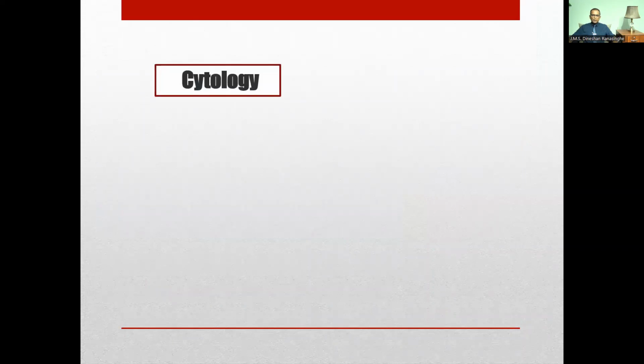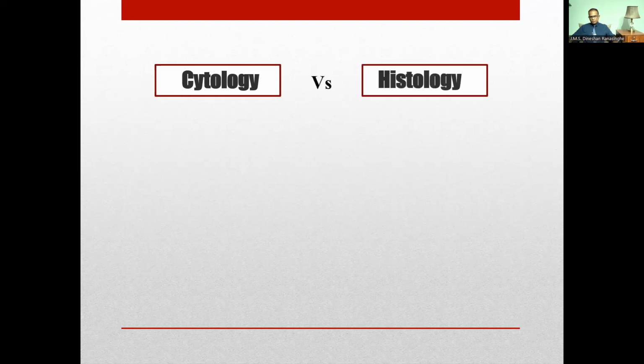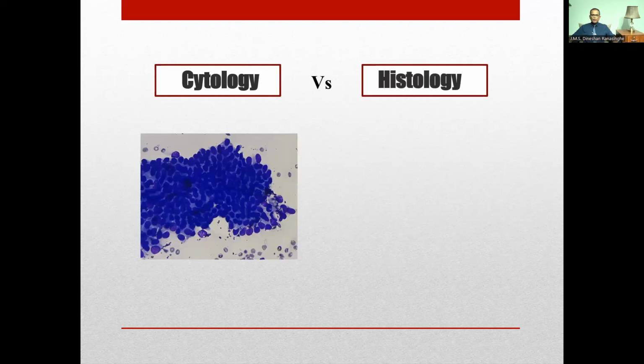To start with, there are two disciplines or two subcategories in histopathology. That is cytology and histology. In cytology, what we get is about the cells. So you know how we get cells from you. It can be any body fluid. It can be pleural aspirations.